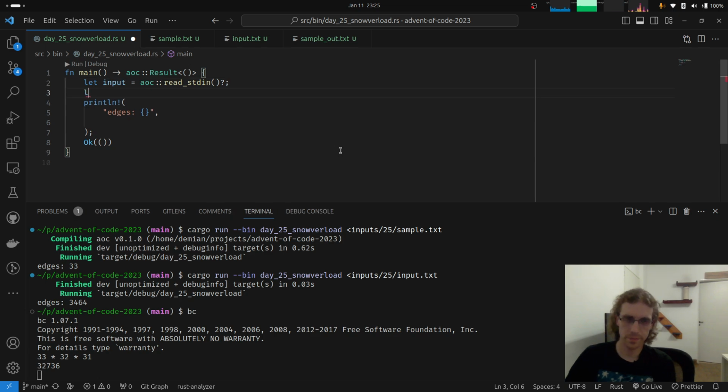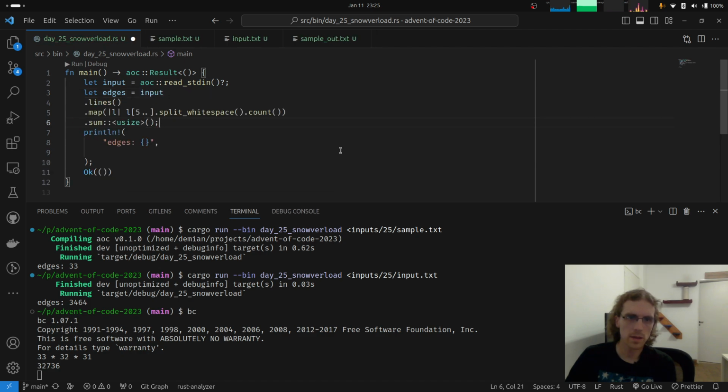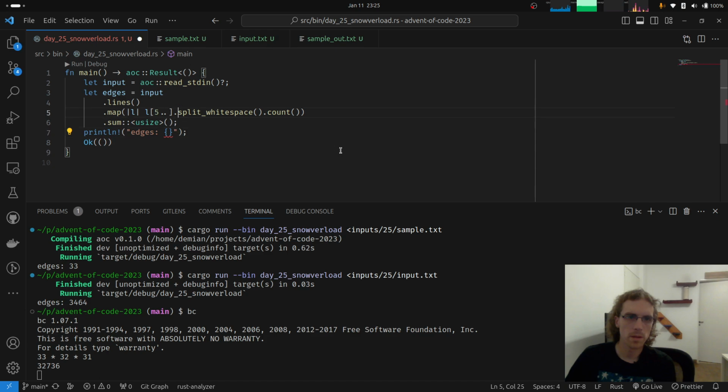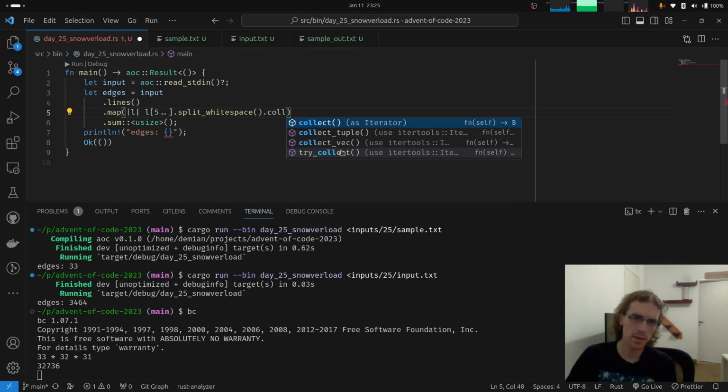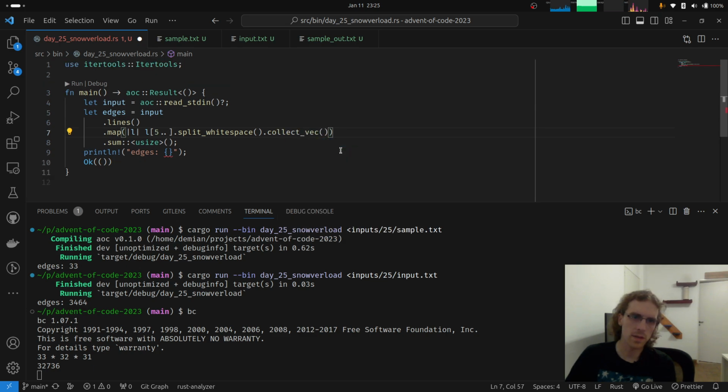Let's say let edges be these things, but we are not going to sum these things. We are going to split white space and then just collect. And I want to have something like this, and we're going to flat.